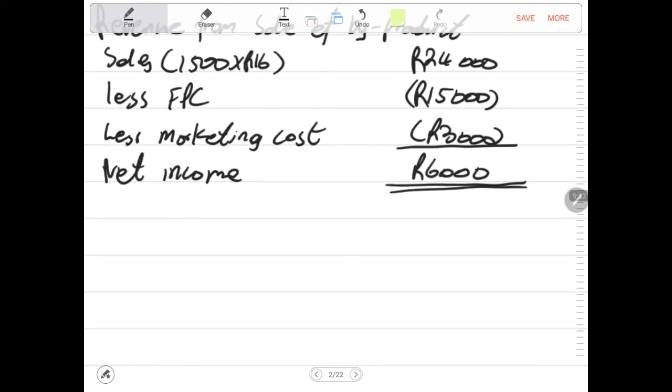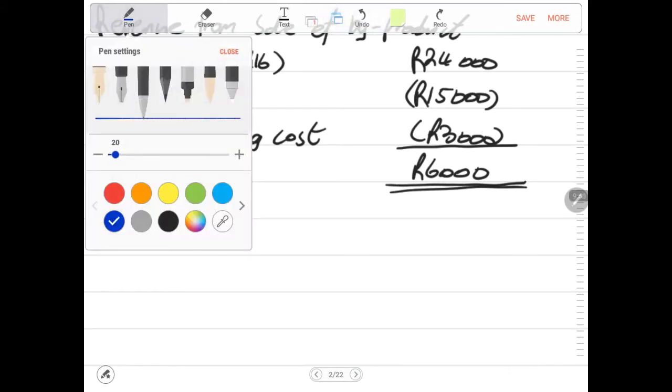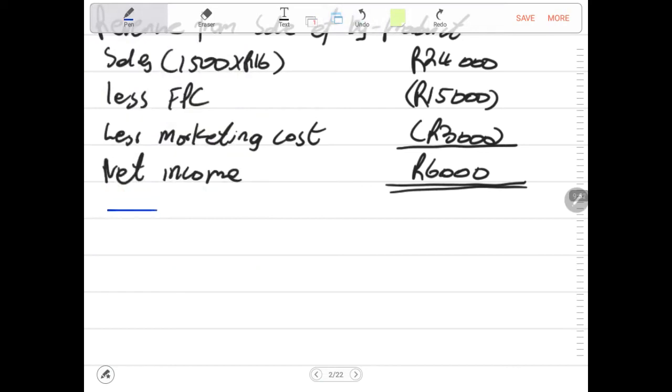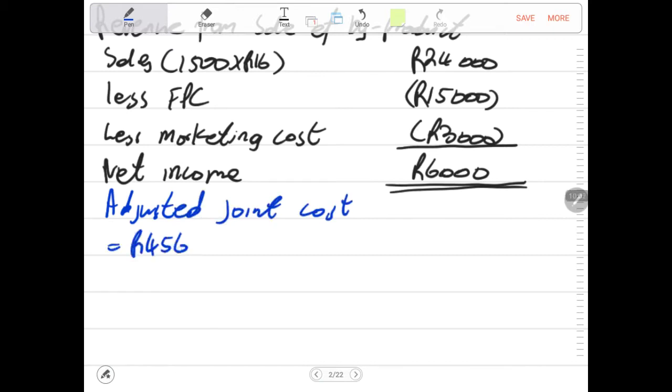Now we need to calculate adjusted joint cost, meaning joint cost after they've been adjusted by the income from the sale of the byproduct. Adjusted joint cost will be joint cost in total, which is 456,000 rands, if I still remember, minus 6,000 rands, which is the revenue from the sale of the byproduct.